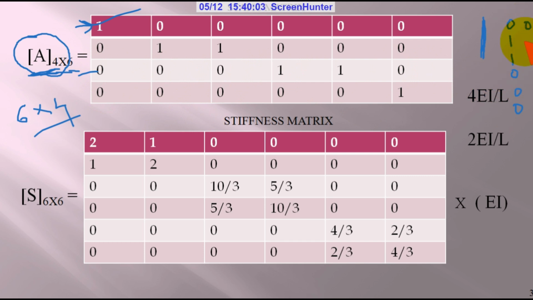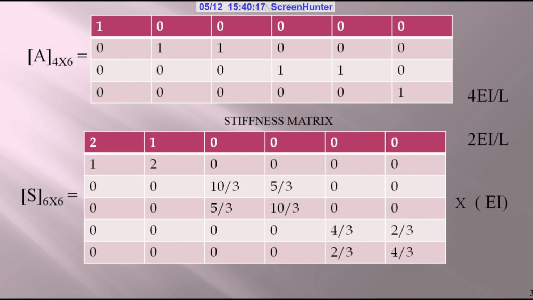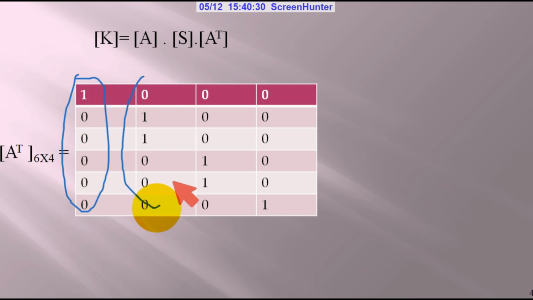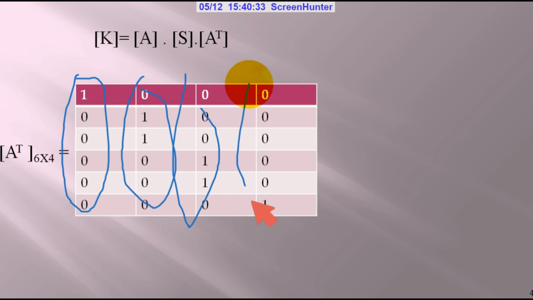So it will become column like this, 0 0 0 1 1 0. So these four rows, 1 2 3 and 4, will become column. So this is the transpose. So see here, in static matrix, rows get converted into column. This is 1, this is 2, this is 3 and this is 4th one. So the size of the transpose of the static matrix is now 6 by 4.